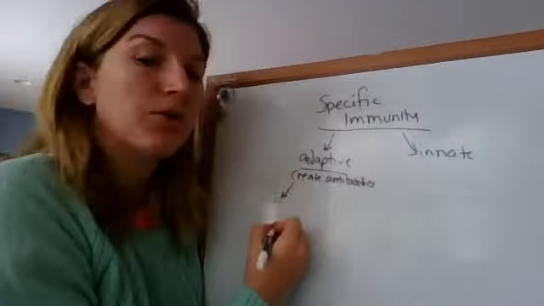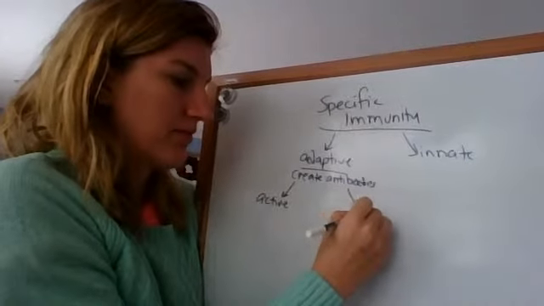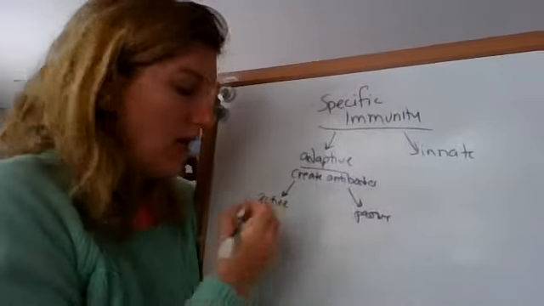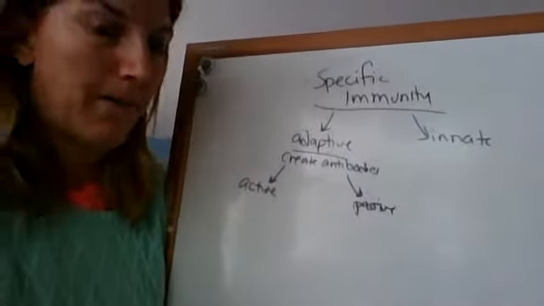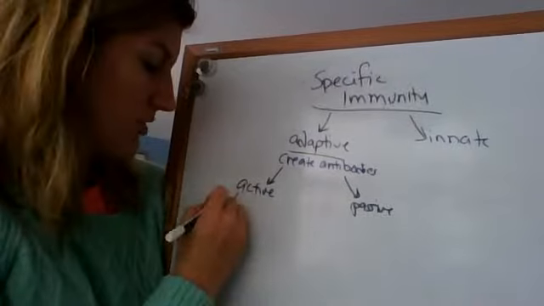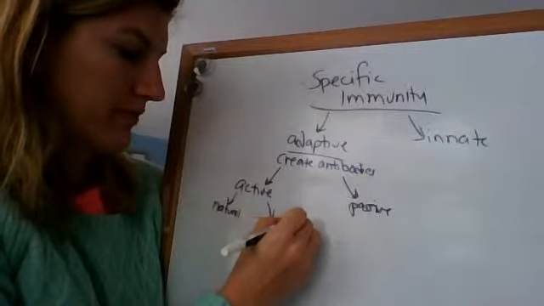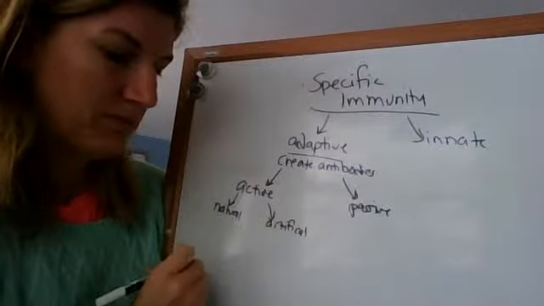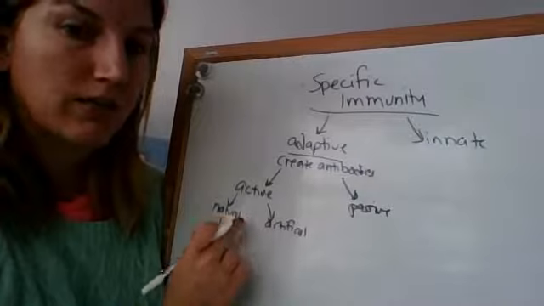So adaptive immunity can be active and it can be passive. Active immunity can be natural or artificial. A natural active adaptive immunity, right?